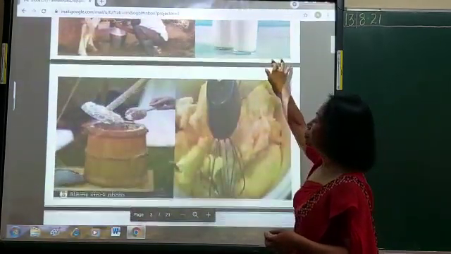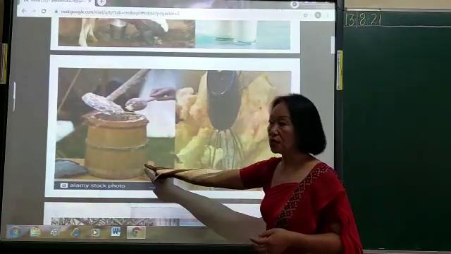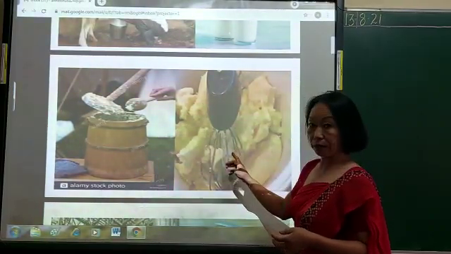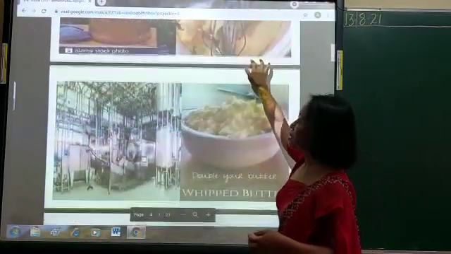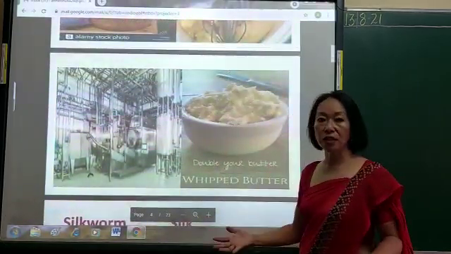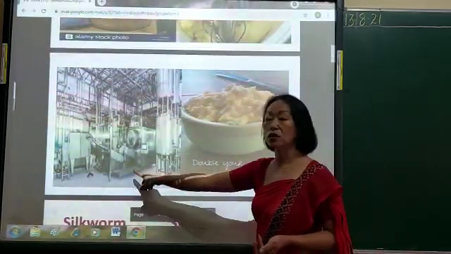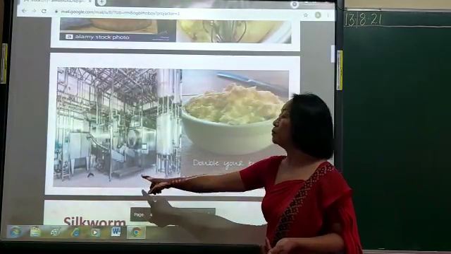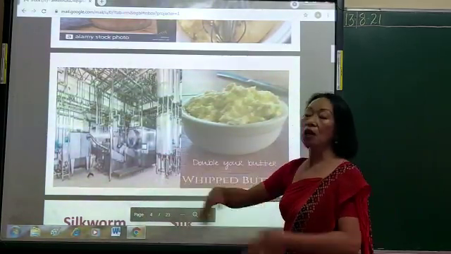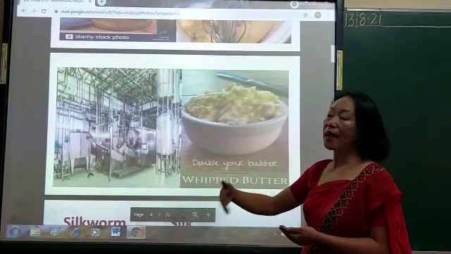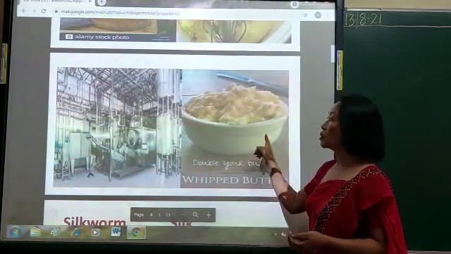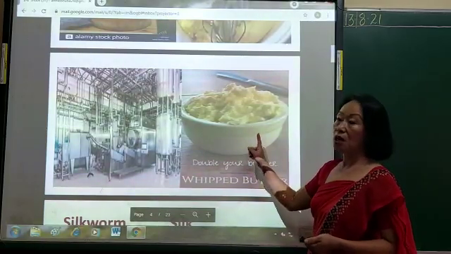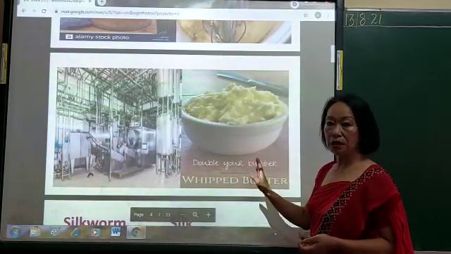And then the milk is either churned or whipped. Even in a large quantity to make butter, the milk is taken to the factories. The milk has to pass through a lot of stages, and in the end, what product do we get? Butter. So from milk, we get butter.